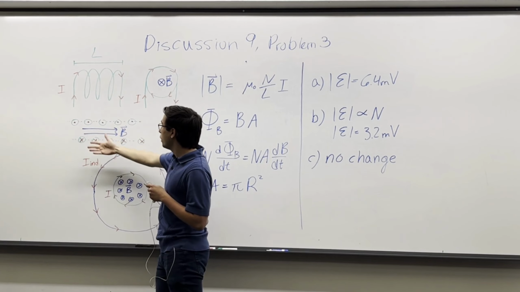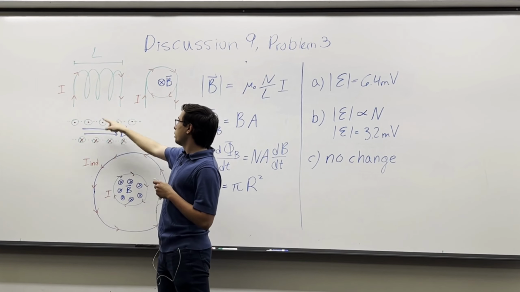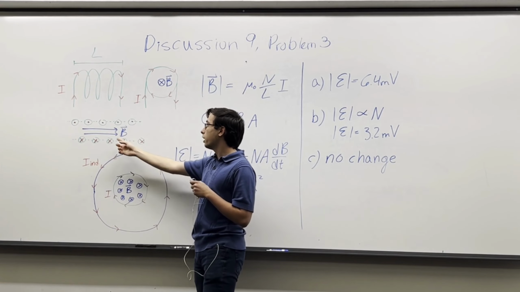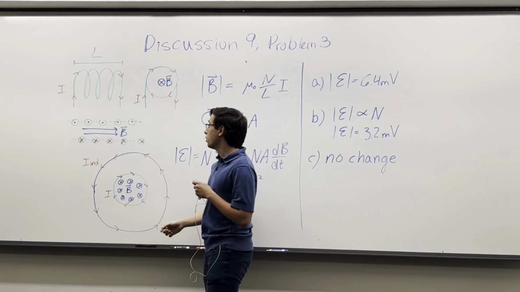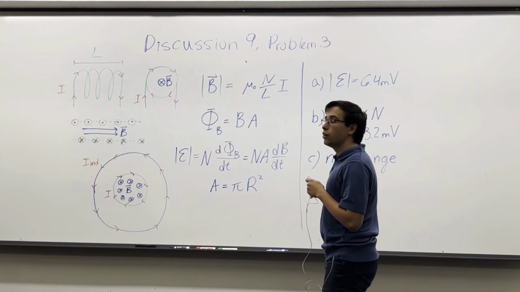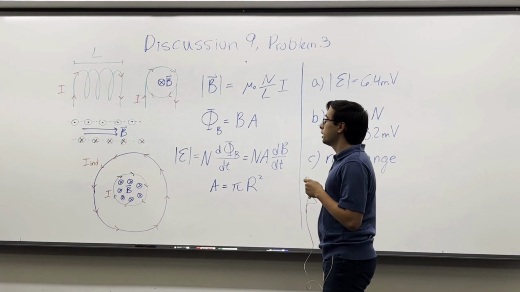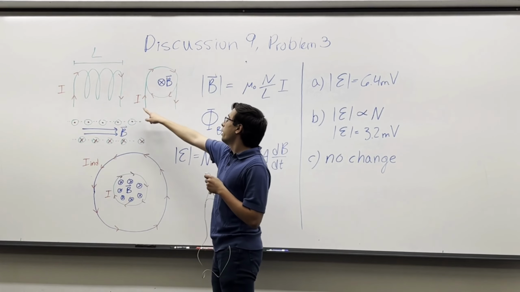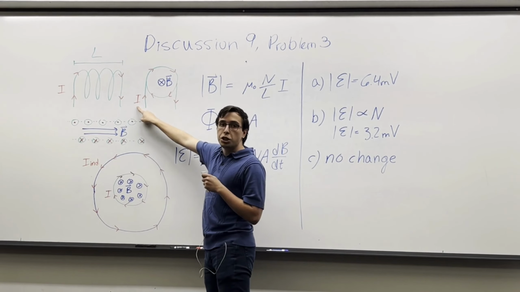We slice this picture so that we can see inside what the B field looks like. What's happening in this problem is that this current I is changing in time.